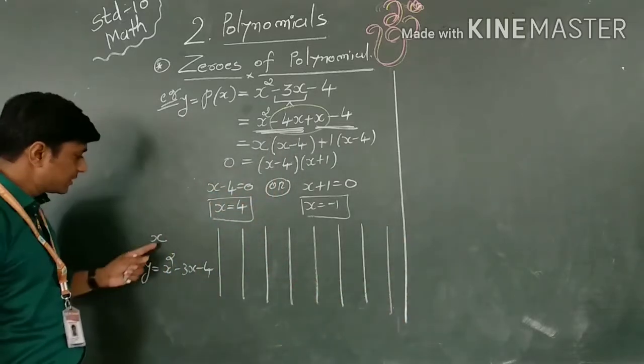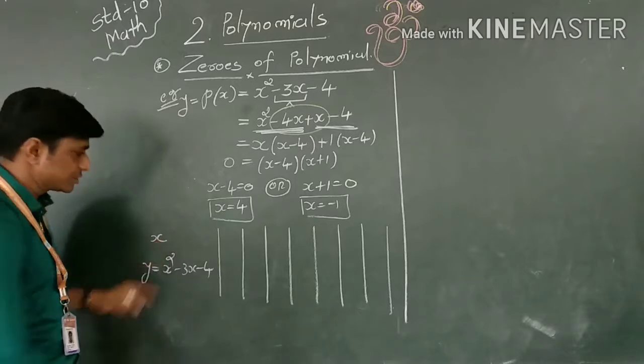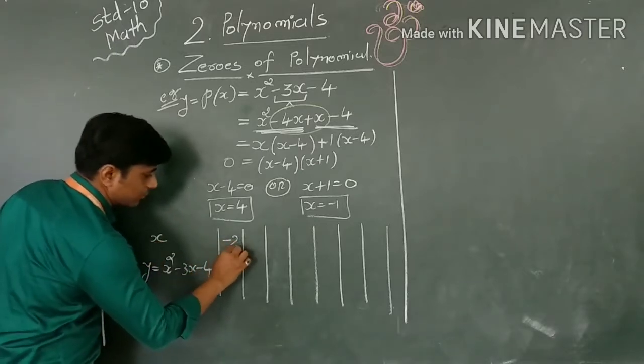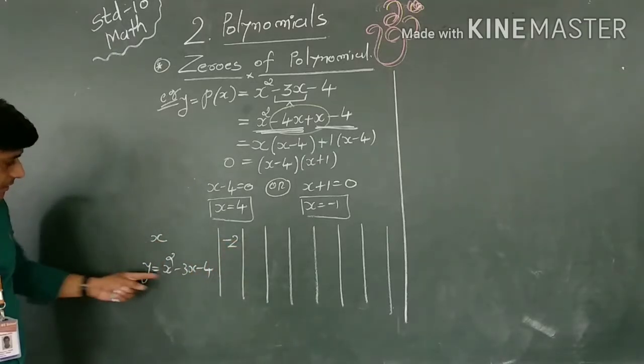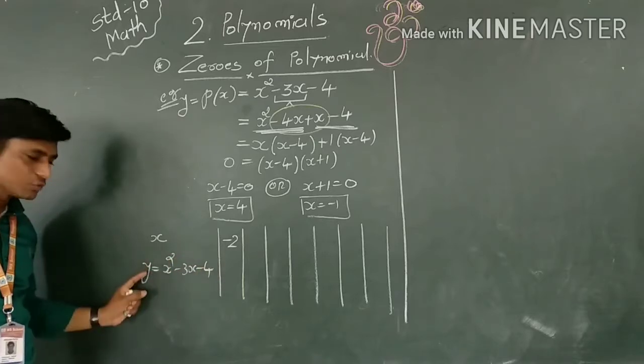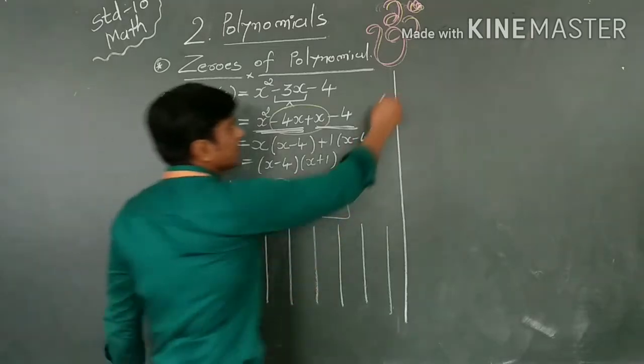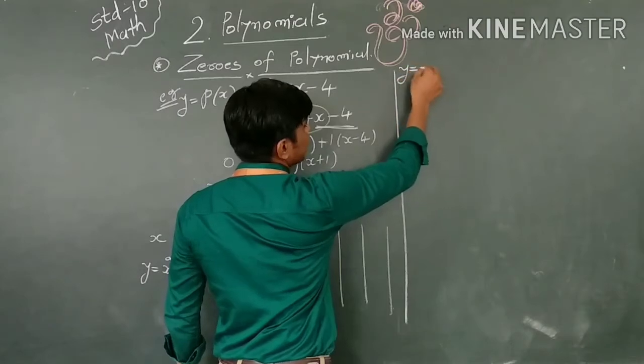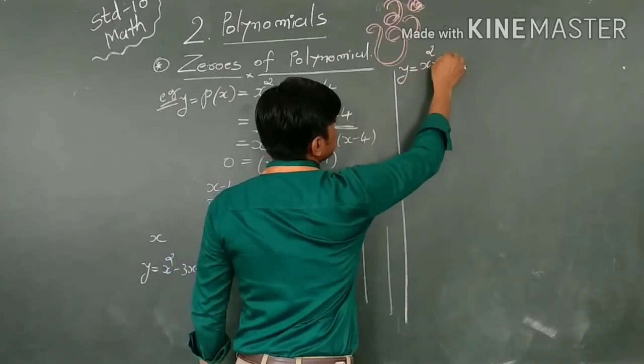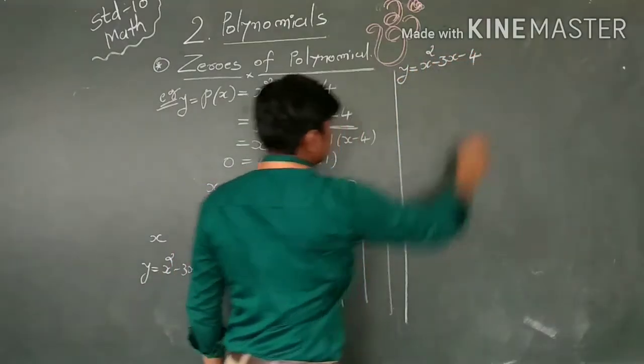Suppose first of all we take x is equal to minus 2. You can take any value. What happens if we put x equal to minus 2 in this equation? First we write our polynomial x square minus 3x minus 4.